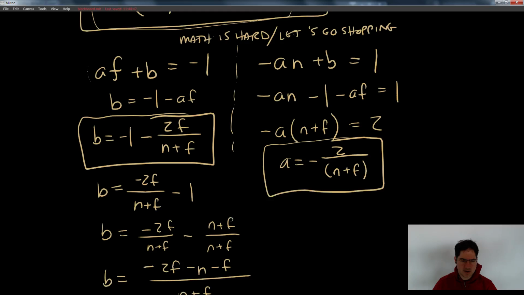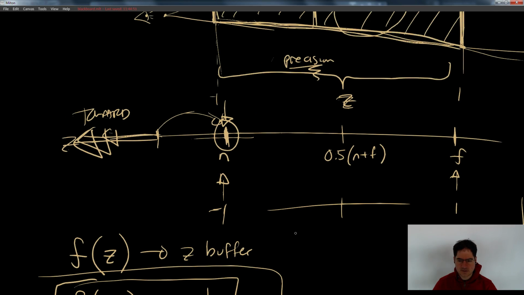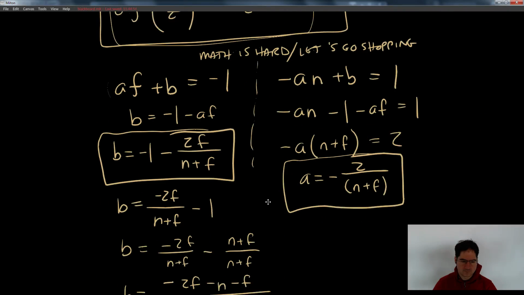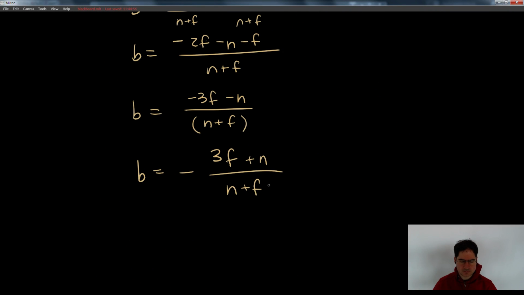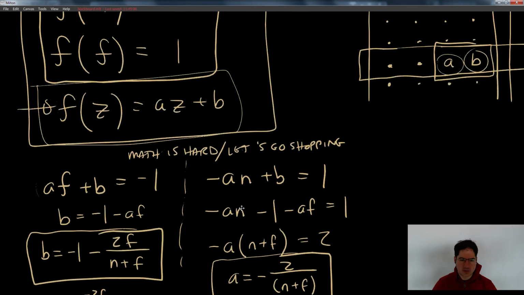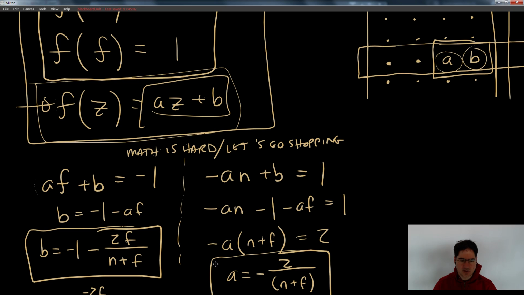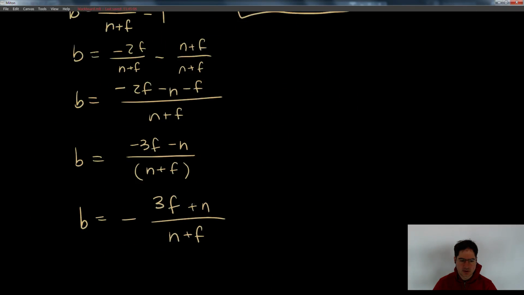And it just feels like, am I sure I didn't make a mistake here? Let's double check. So all right, what's our final equation? Az plus B, what would it look like in this case? I now know what A and B are.